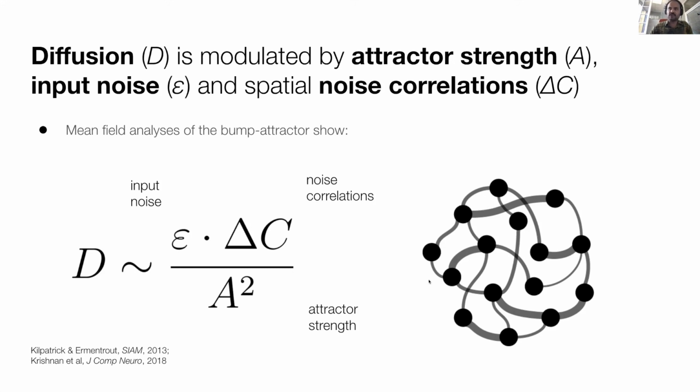And also how this noise is correlated, so the correlations of the input noise across neurons. These two factors make the bump more diffusive, so performance in a task would be worse, and the attractors make it better.